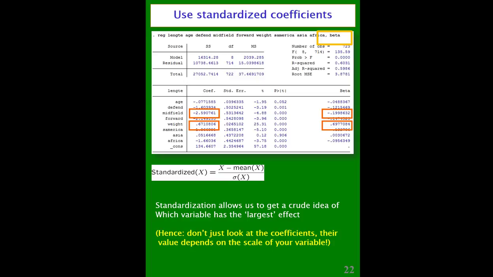Here we have everything sort of translated in terms of standard deviations of the variable. So this is saying, well, if, let's say, weight gets 1 standard deviation higher, then the target variable, length, gets 0.7 standard deviations larger.